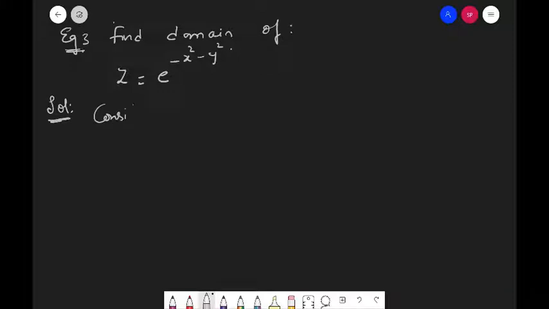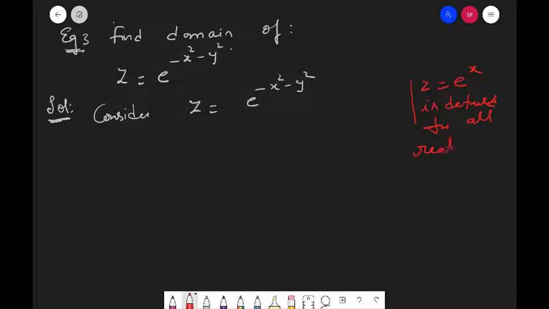So you have considered this equation z is equal to e power minus x square minus y square. Just recollect, z is equal to e power x is defined for all real x. That is, for all x belong to R. For all the real numbers this is defined.